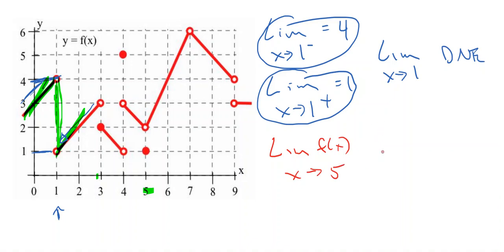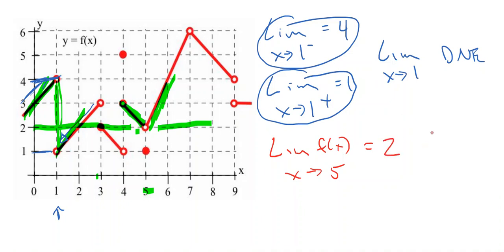Well, to answer that, we have to say, well, what's it approaching from the left? From the left, we're approaching 2. And to the right, we're approaching 2. So even though I'm not writing out the left-hand limit and the right-hand limit, I'm doing it mentally. I'm seeing that this is approaching 2 from both directions. So therefore, the limit is equal to 2.